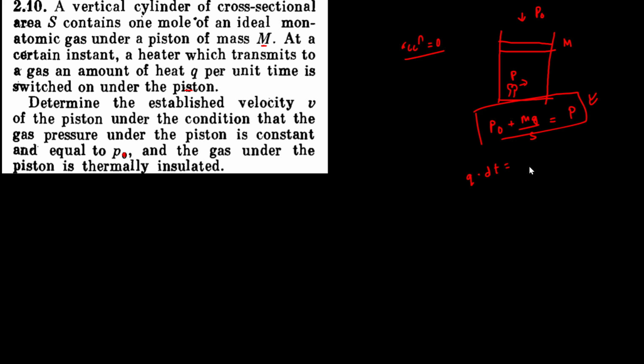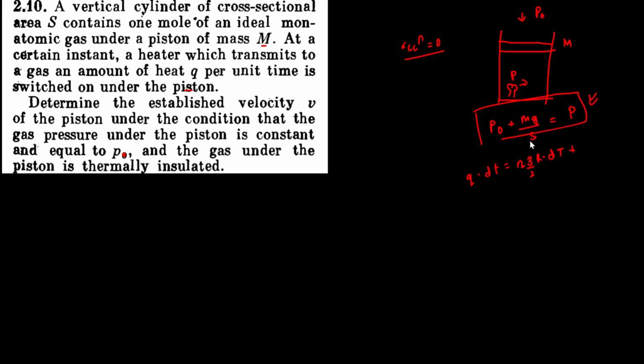That dt will bring a change in internal energy as well as work done. So what will be the change in internal energy? The change in internal energy will be n Cv, that is 3 by 2 R dt, plus P external, which is P naught plus mg by S, into dV.